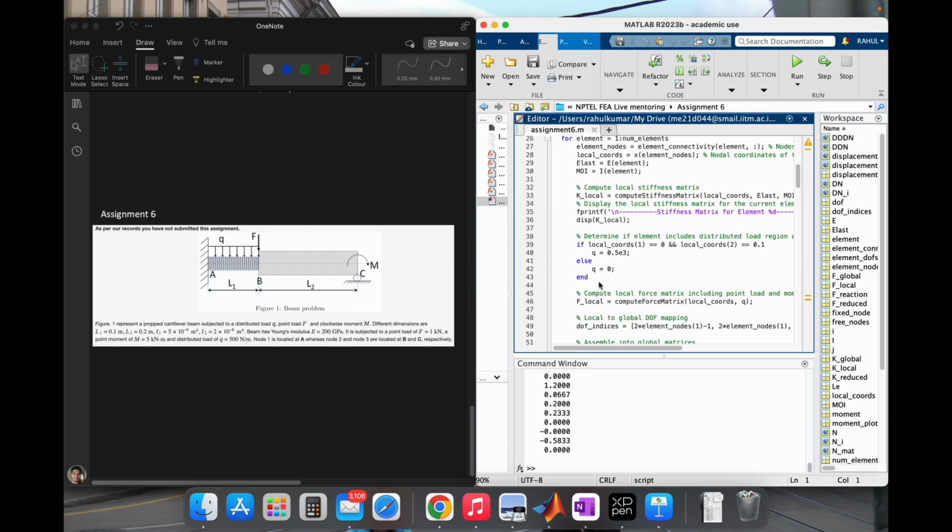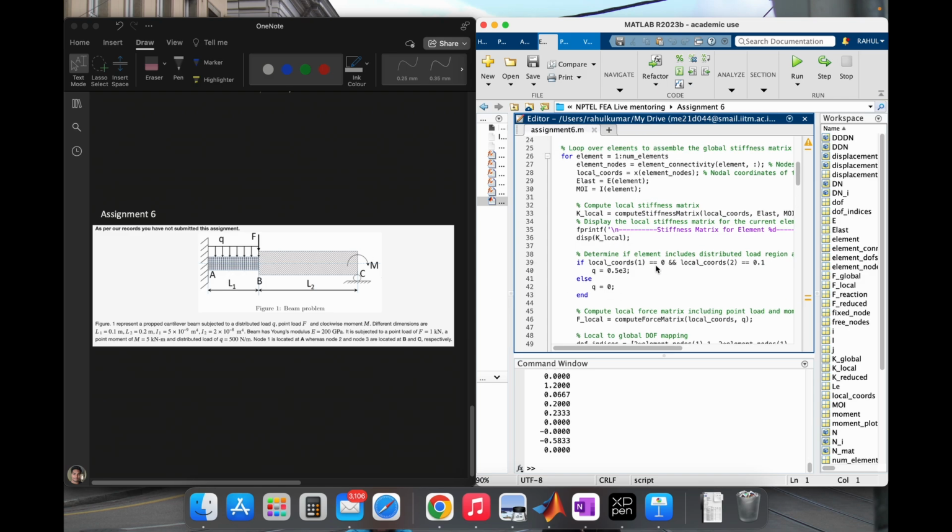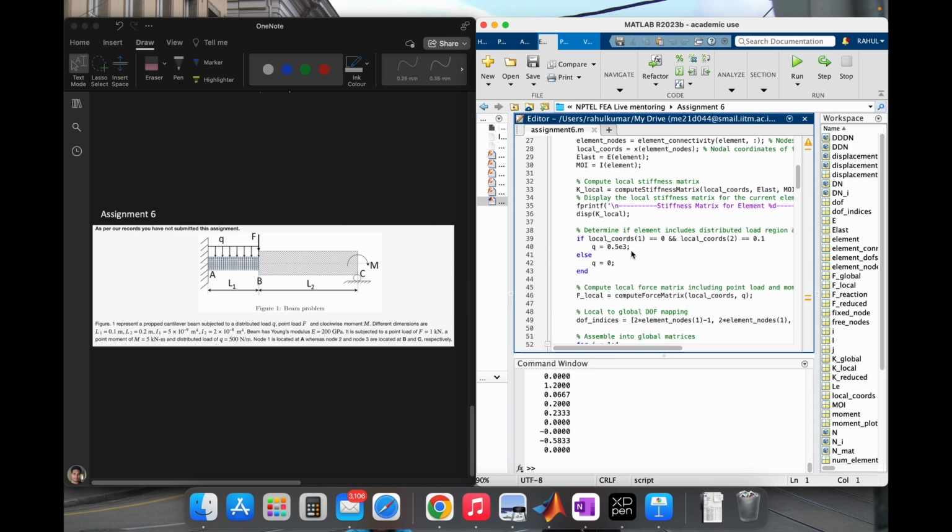Now we have to change the UDL condition. Here you can see that for element 1 only the UDL is applied. So when the local coordinate is 0, I mean the first element of the local coordinate is 0 and the second is 1, which means that for this element only we have to apply the UDL condition.